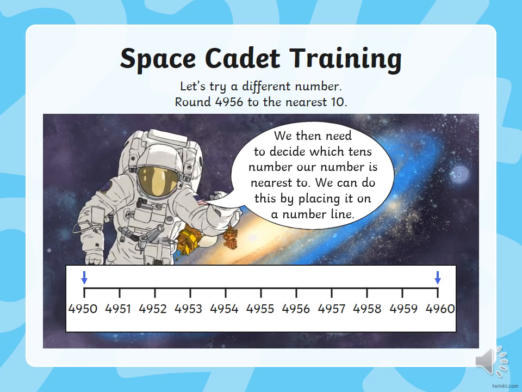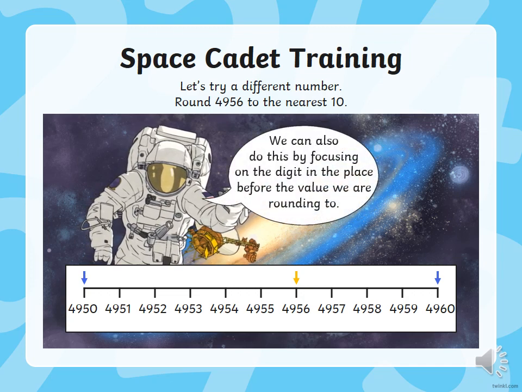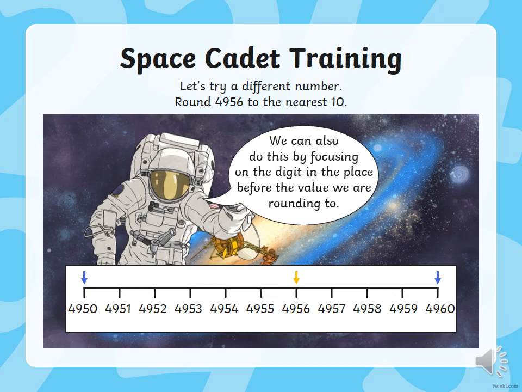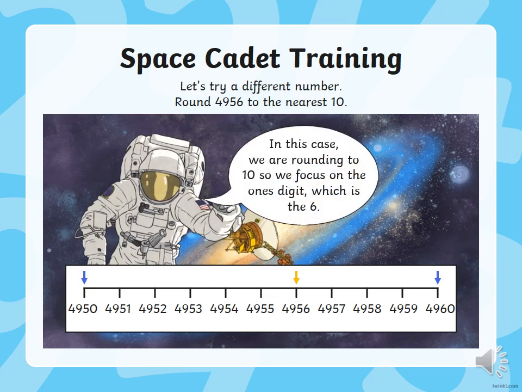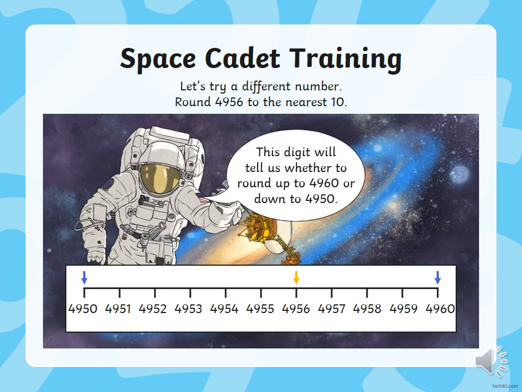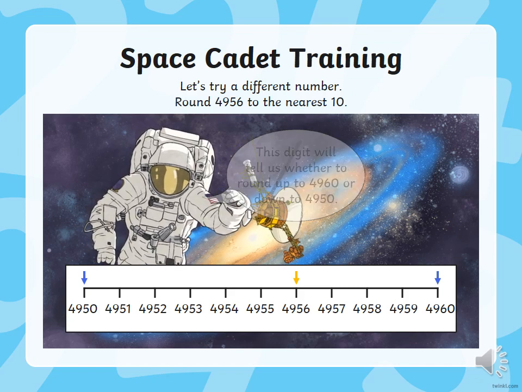We can do this by placing it on a number line. You can also do this by focusing on the digit in the place before the value we're rounding to. In this case we're rounding to 10, so we focus on the ones digit, which is the 6. The digit will tell us whether to round up to 4,960 or down to 4,950.